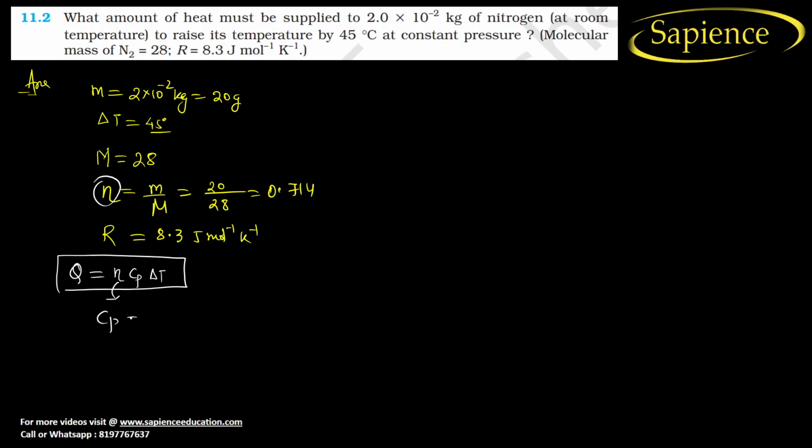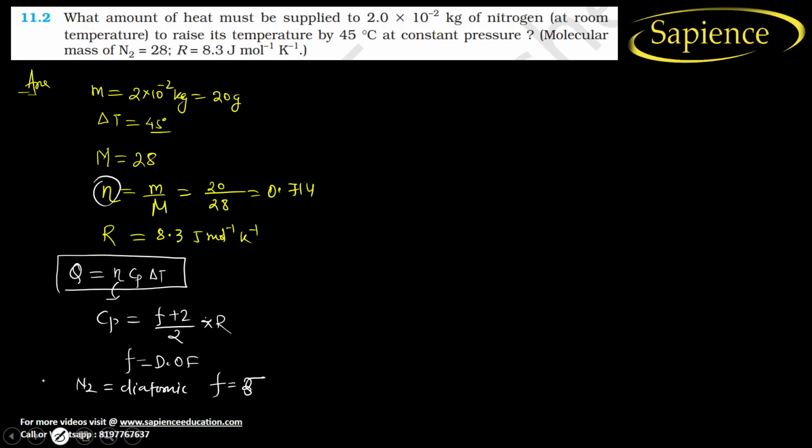So the basic formula is Cp is equal to (f plus 2) by 2 into R. What is f? f is the degree of freedom. Since here N2 is diatomic, the degree of freedom f is equal to 5.